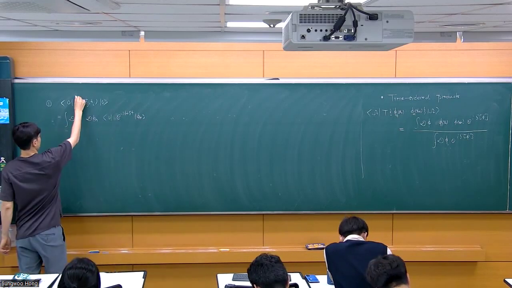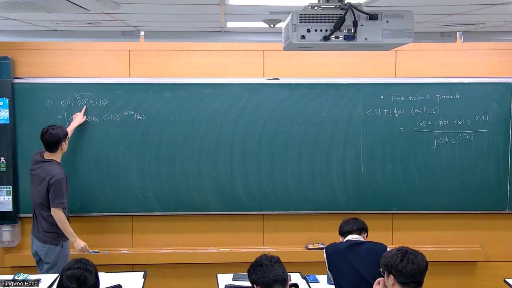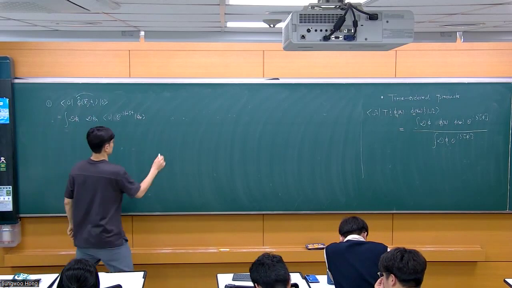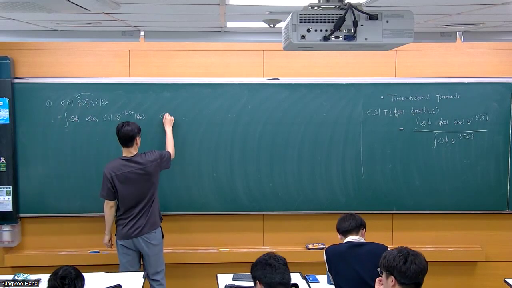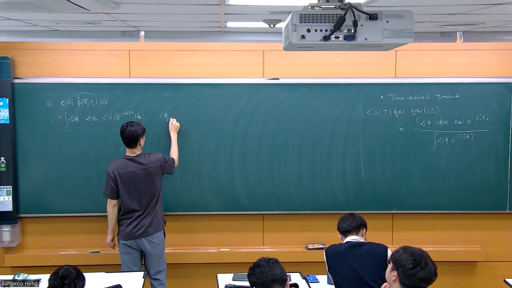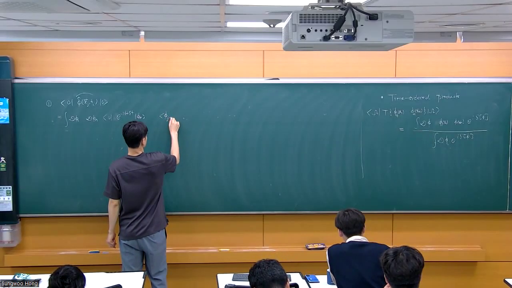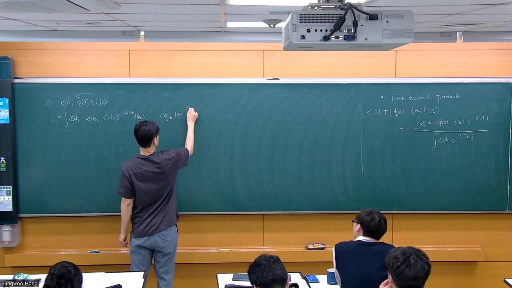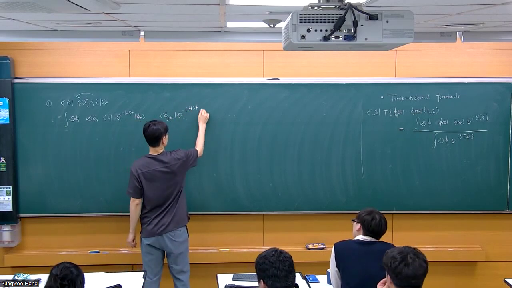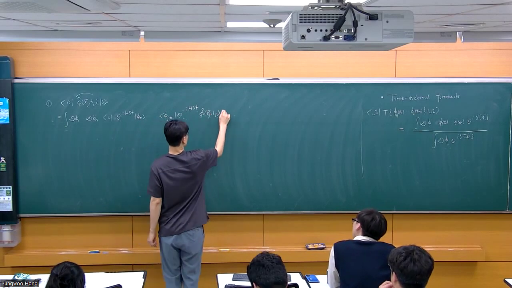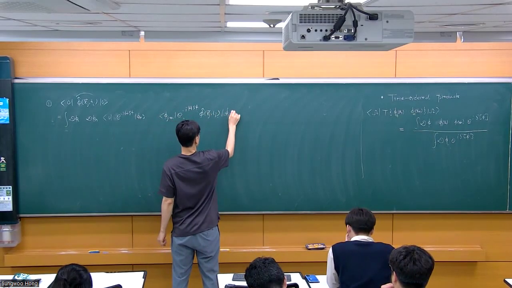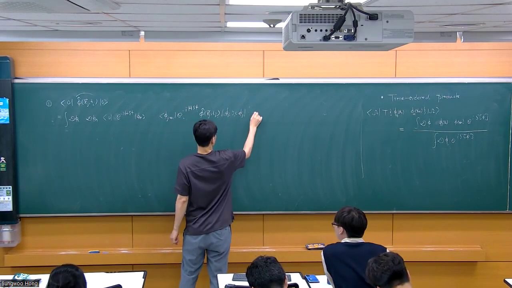But because there's an operator inserted at a particular time step, what you have is phi j plus 1, then you're going to have minus H t, and you will have this operator inserted like this, O j, and then keep going.